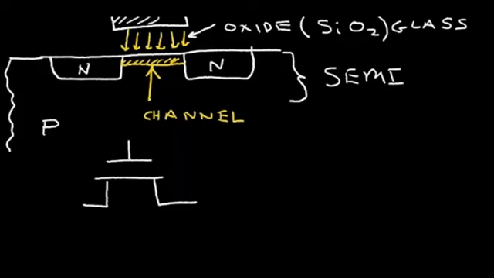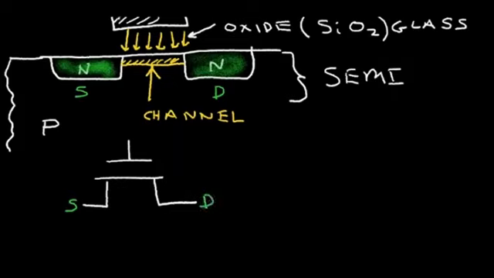So this is N-type silicon. This can be called the source, and this can be called the drain. Now the symbol, this would be the source terminal, and this would be the drain terminal.